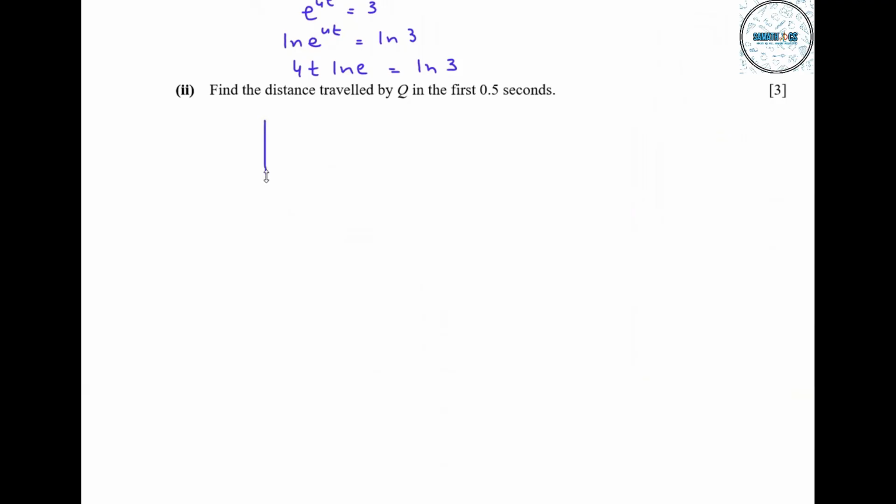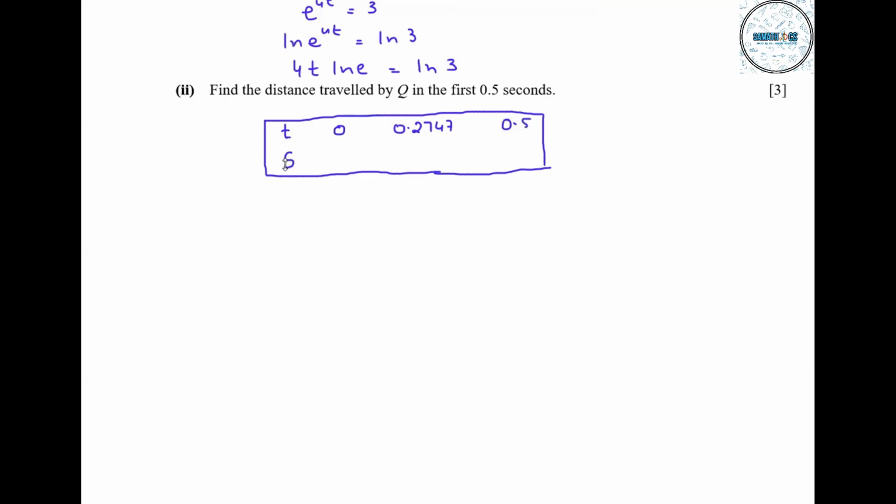So we can make a table here. We can take the time 0, and then 0.2747, at which the velocity is 0, and then 0.5.